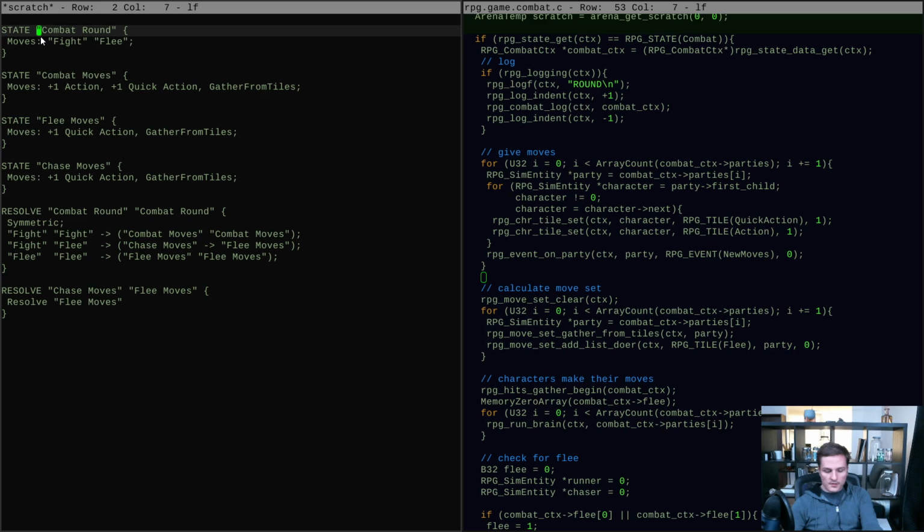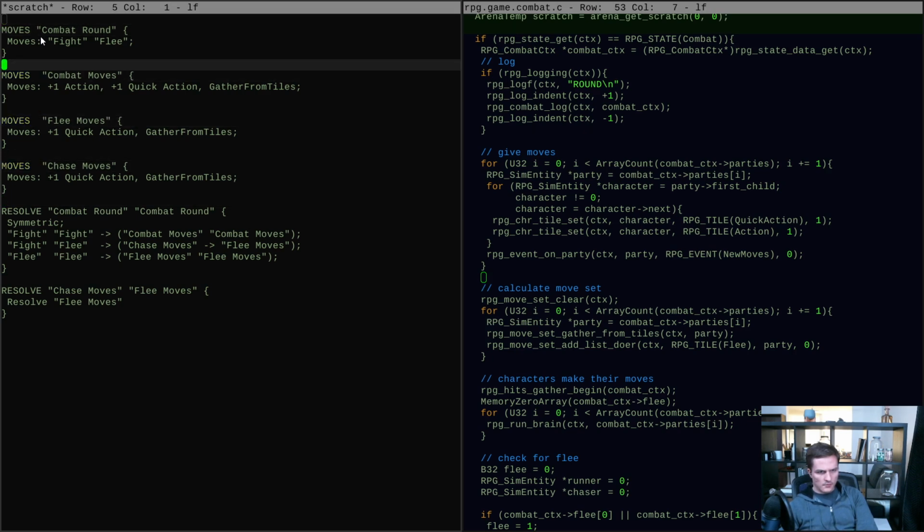But I think what we need to do... are these states, or are these like move sets or something?